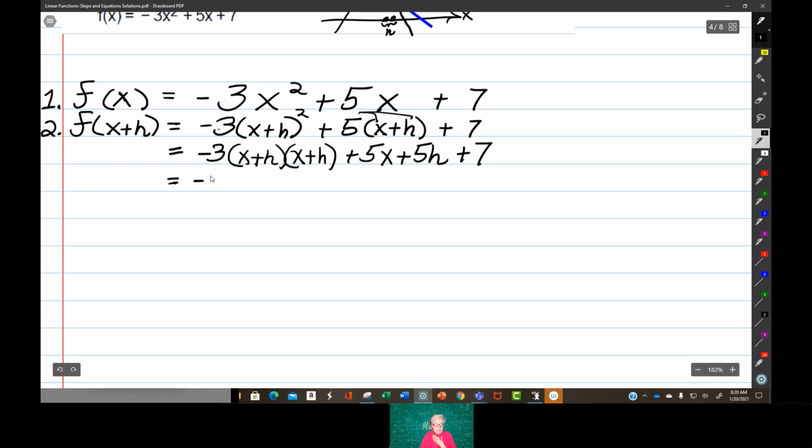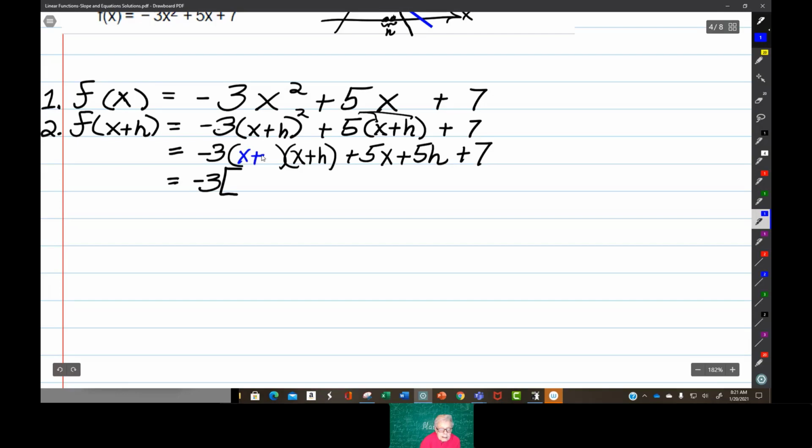I'll have negative 3 times. Now I'm going to show you all the steps to doing this. And how I'm going to do that, I am going to erase the first x plus h and make it a different color.